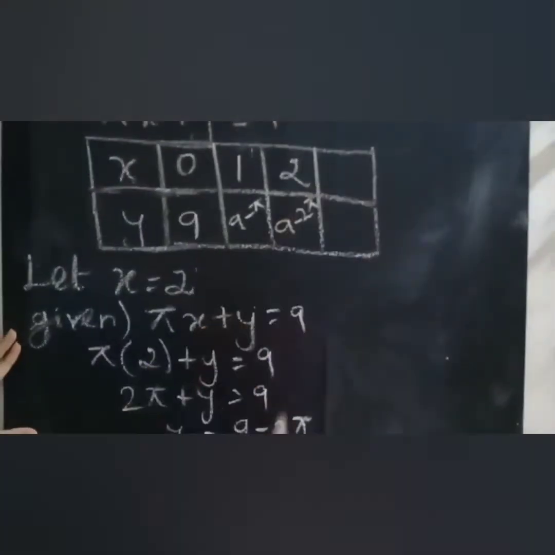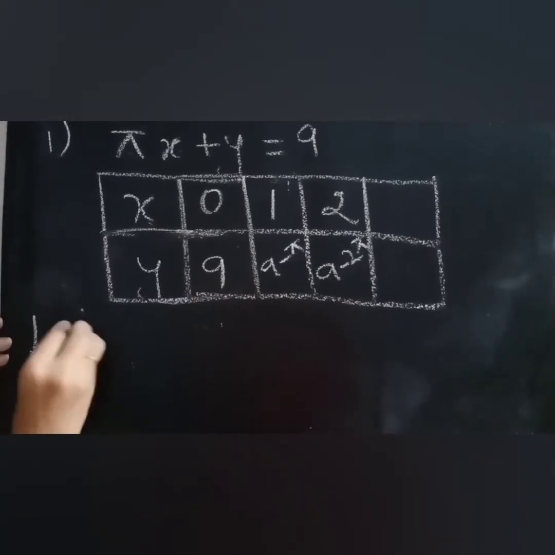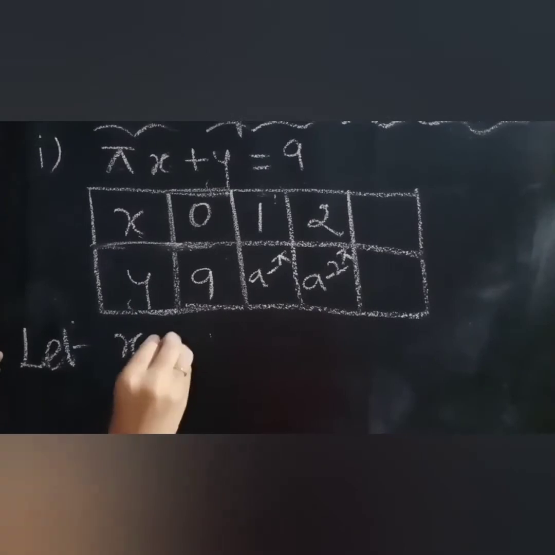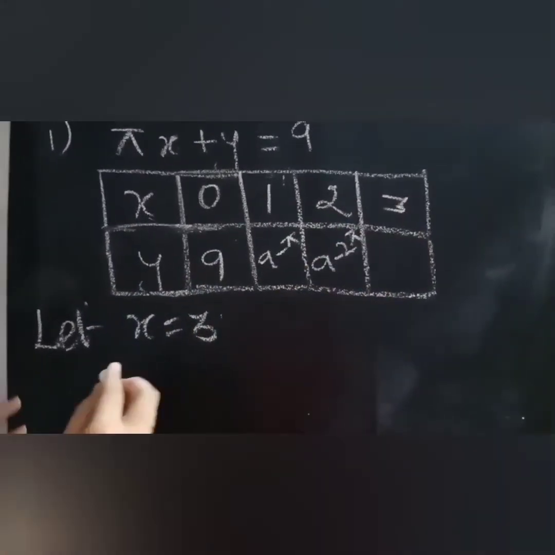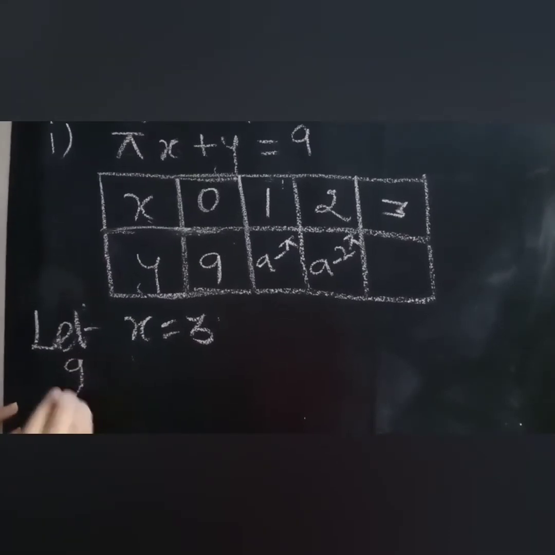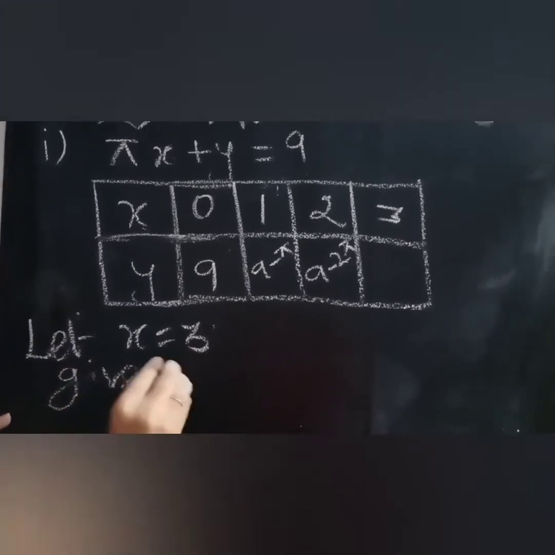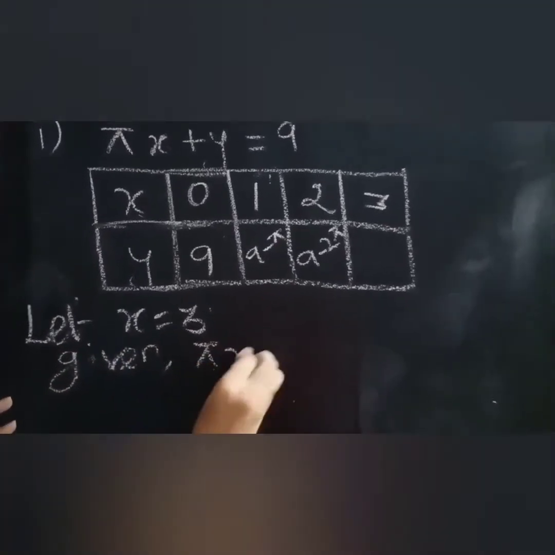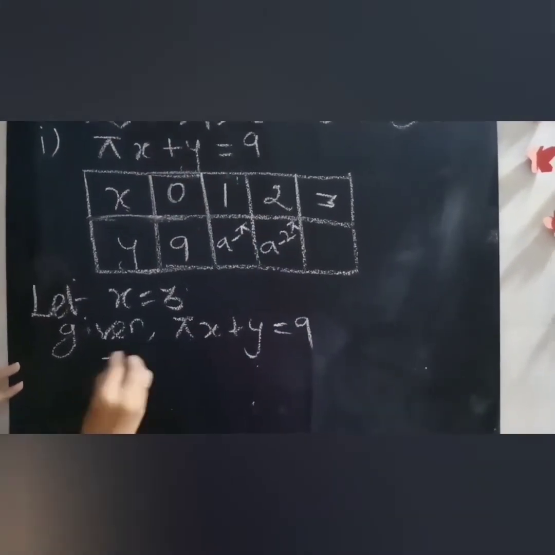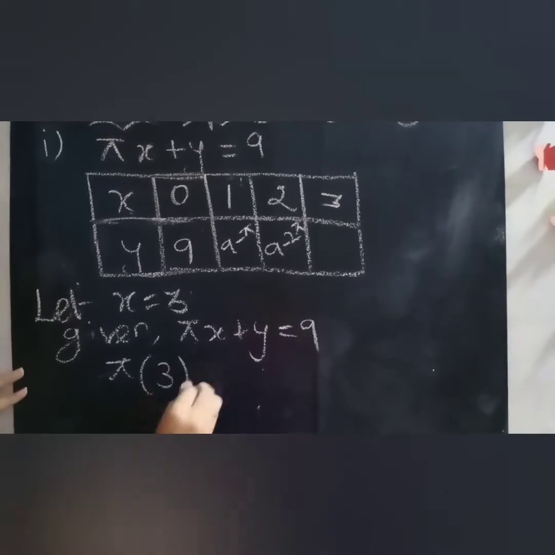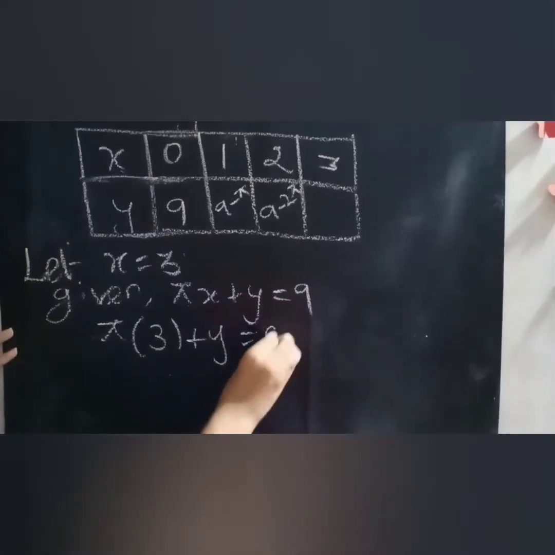Let's see the next solution. Let x equal to 3. Let's substitute this value in the given equation pi x plus y equal to 9. So pi into the x value, that is 3. So pi into 3 plus y equal to 9.